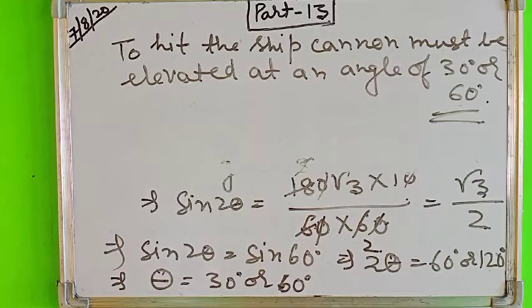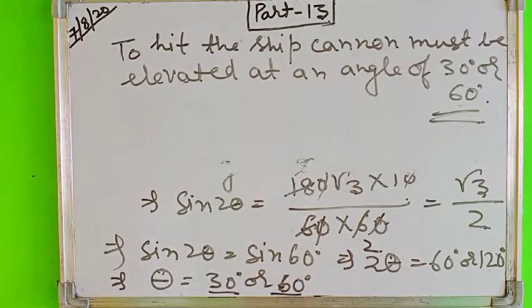We have to calculate the time of flight. Since there are two angles of projection, 30 degree and 60 degree, for 30 degree the time of flight is T1, and for 60 degree the time of flight is T2.